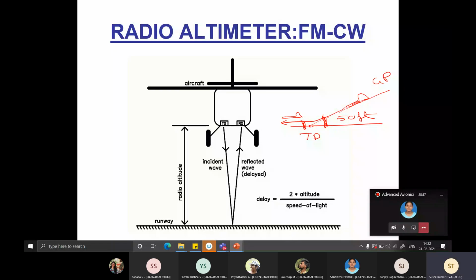Okay, let's put some numbers and see. Let's say the altitude is even 100 meters, which is quite high. And so this delay, so it's 3 into 10 power 8.